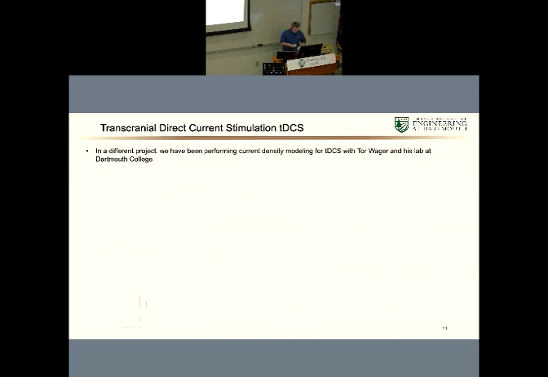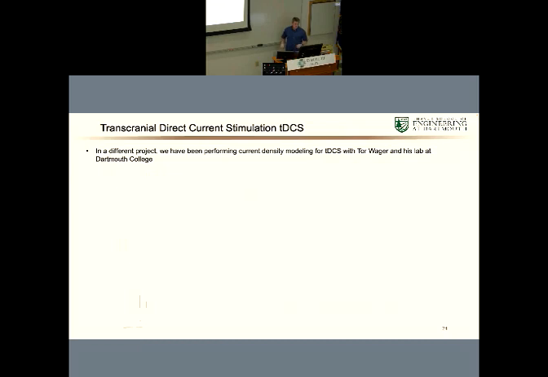All right, so okay on time. So the rest of my talk dives into this other project that I've been recently getting interested in, and it's about transcranial direct current stimulation.